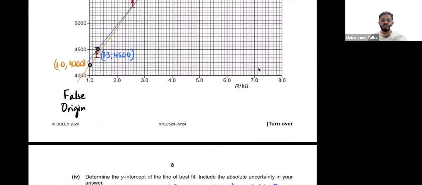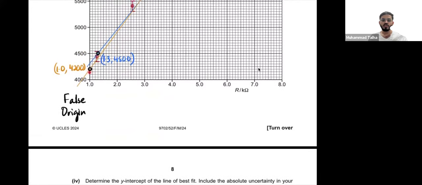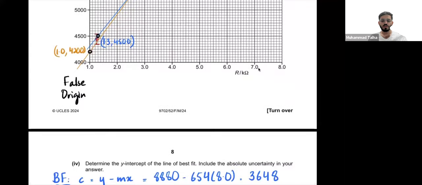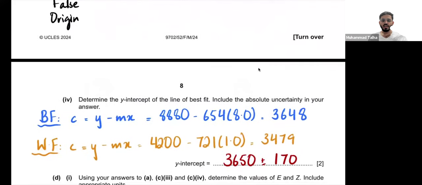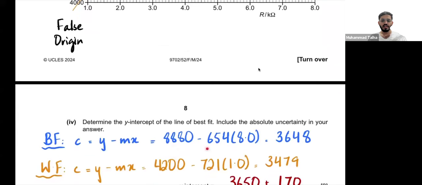Then I have to do the y-intercept. Again, do keep in mind that since this is a false origin, you cannot get the y-intercept from the lines. You do have to use the formula for this. So rearranging y equals mx plus c, for best fit, this is y minus mx. So one of these points, which was taken above, 8880 and 8.